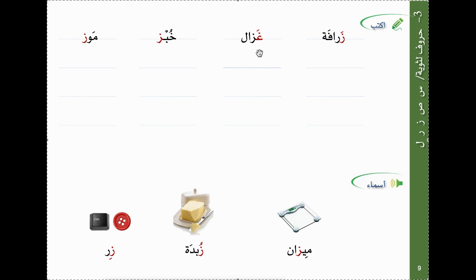We've learned ghazal, the word for deer or gazelle, with the zay in the middle of the word. And then we've learned khubz. This is the word for bread with a zay at the end, in the final position. And then we've learned the word mawz for banana with the zay in the independent position.